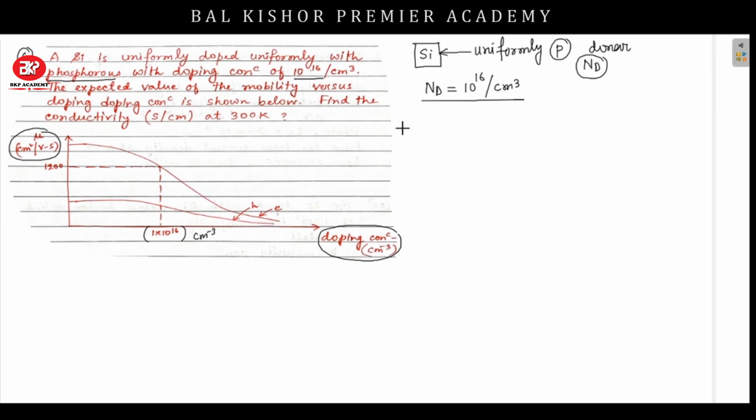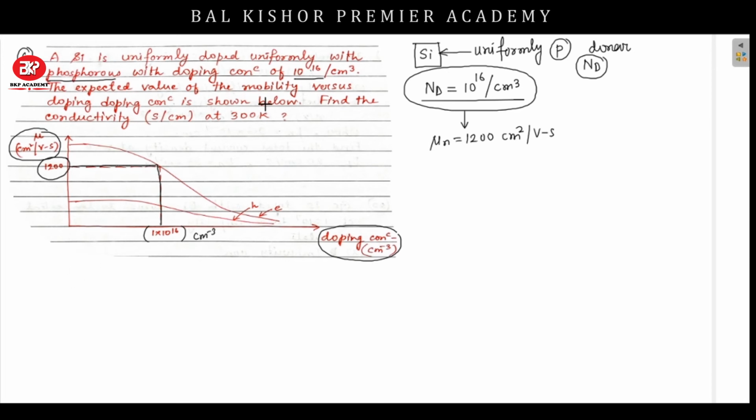So at this concentration, the mobility value of the electron that we have found from the graph is written by mu n. It will be equals to 1200 centimeter square per volt second. यहाँ पे देखो. So we have found this from the graph.